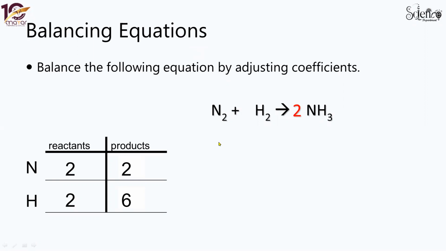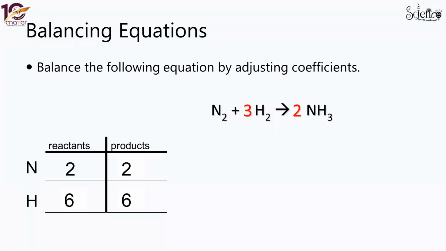The coefficient which is in front of the hydrogen in the reactants would be 3. Bravo. Excellent. Good. So, to change it into 6, I can't change the subscript. Again, we can only use the coefficient. We can only multiply. So 3 times 2, so it's going to be 6 atoms of hydrogen.